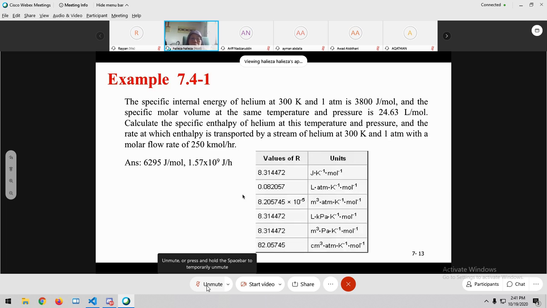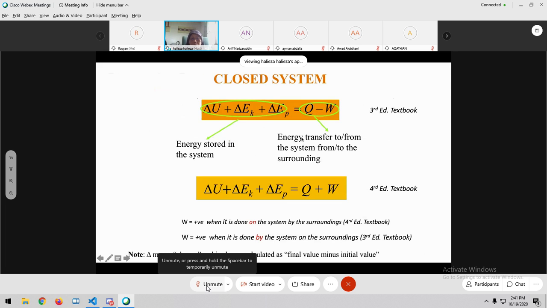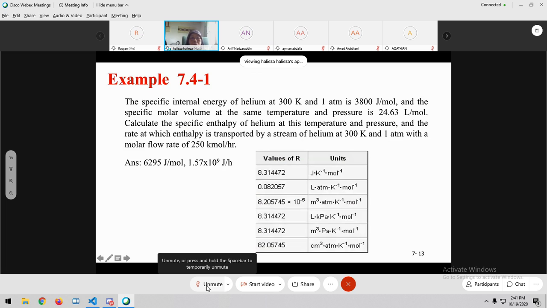Look at the unit that you just wrote for PV. What do you have? Atm, liter, and mole, isn't it? Hold on, I need to get my pencil.